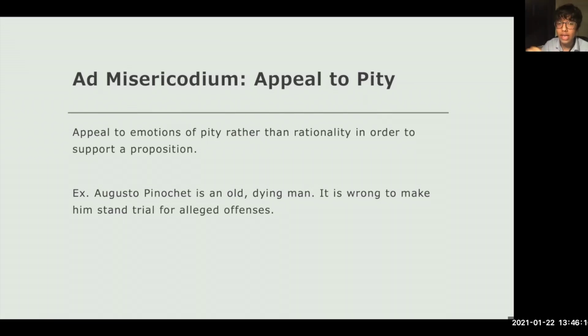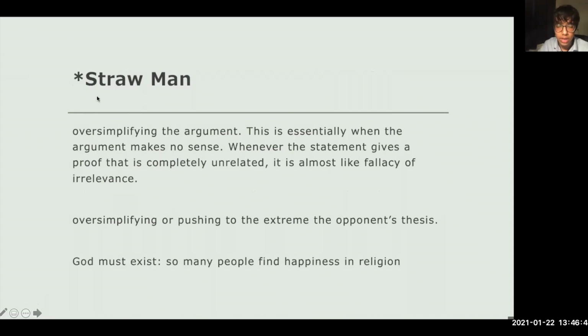"Augusto Pinochet is an old dying man," so they want to create that pity in the audience's and the judge's head, "It is wrong to make him stand trial for alleged offenses." It's fallacious again, because it isn't related to whether he did the crime or not. It doesn't matter that he's old, he's dying, he still committed the crime, and they're not answering the attack that's been placed on him.